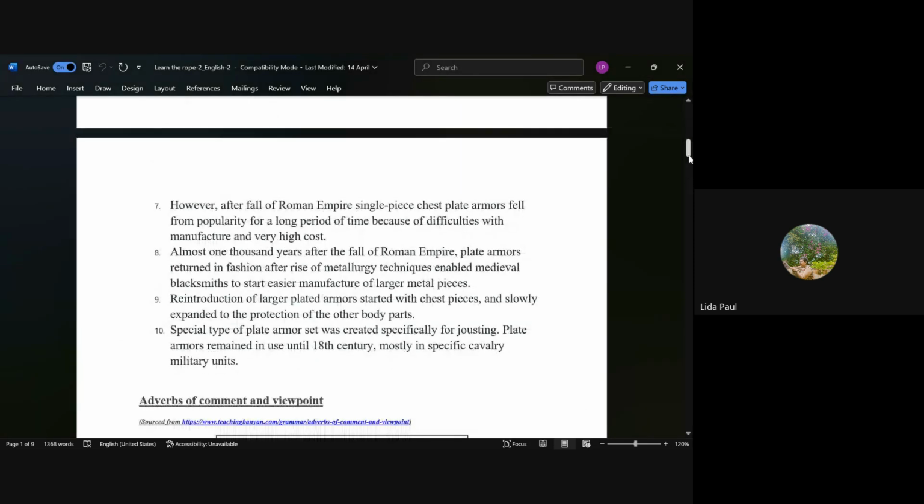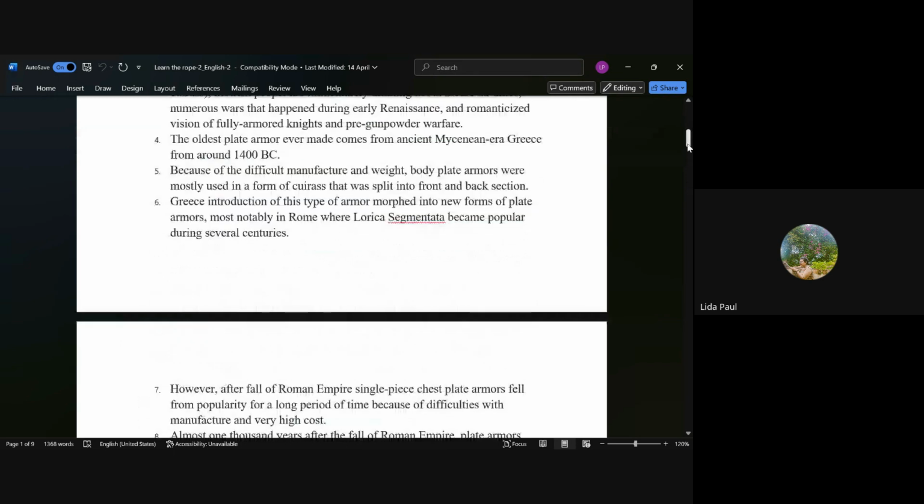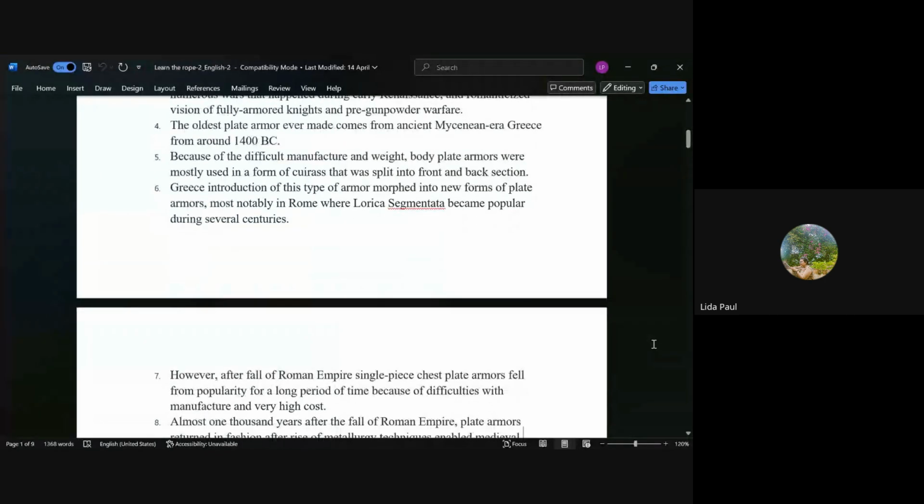Most and notably, yes, correct. Both of them are adverbs. Okay.